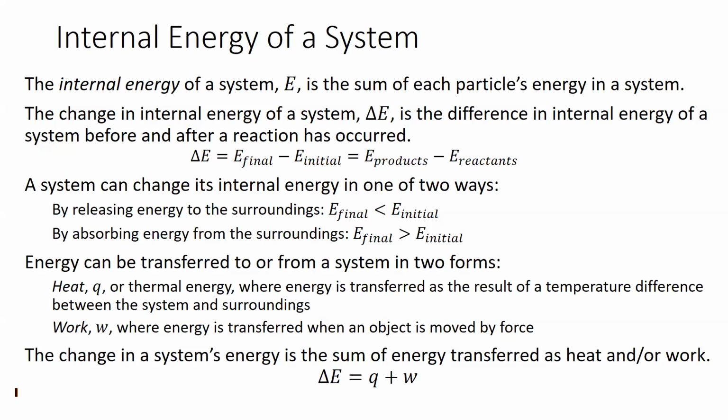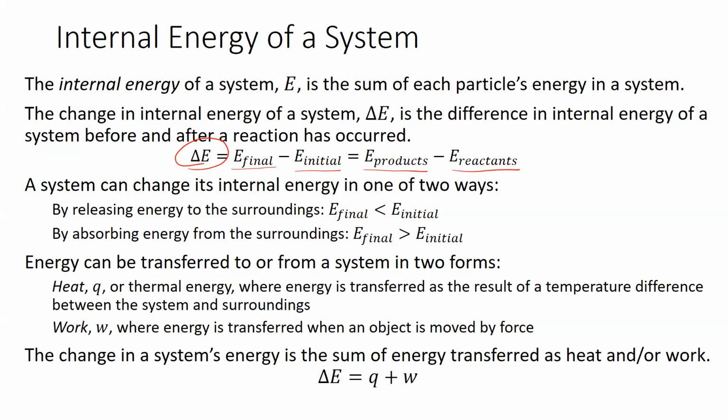So when we think about the internal energy of a system, we're oftentimes looking at this delta E, the change in energy, which is really just the final energy minus the initial energy of that system. Or in the case of a chemical reaction, the energy of the products minus the energy of the reactants. And you can get those energies based on the chemical bonds that are between the particles.